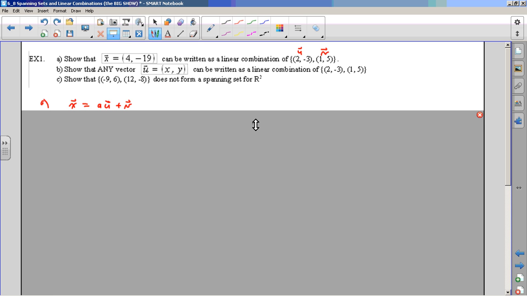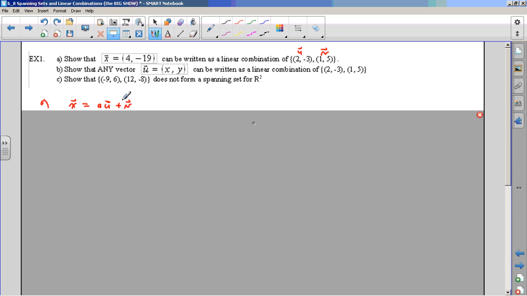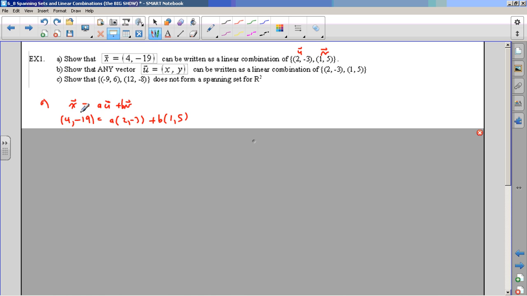All right, so we want to show that, I'm missing a letter there, so let me write that letter in there. There should be a b in there. We want to show that x is a linear combination of our basis vectors, our spanning set u and v. Well, that means we've got x equals a times u plus b times v.